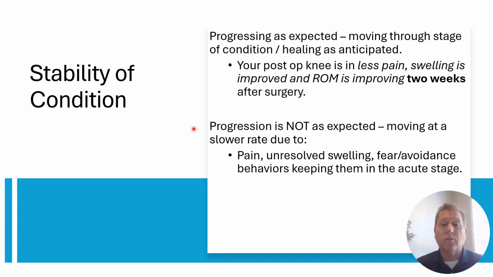they may not progress as expected. In other words, they may be moving at a slower rate due to those things that we just mentioned. And these things are keeping them in the acute stage. Maybe they're not doing things as we ask, or they're having continued discomfort because something is not fully improving from a swelling standpoint.